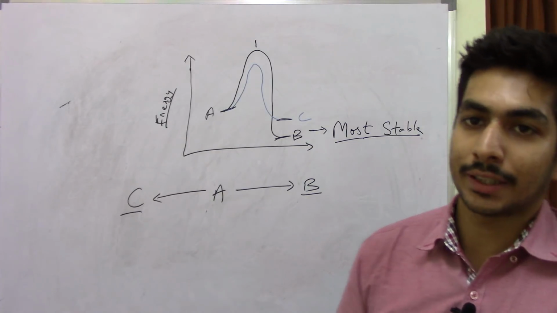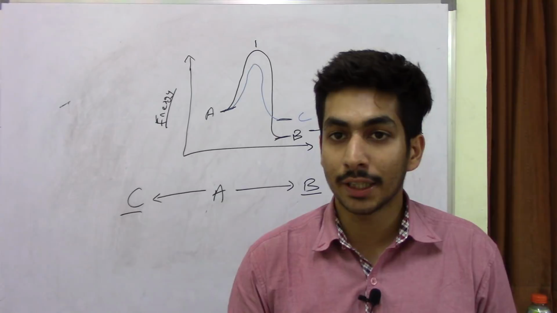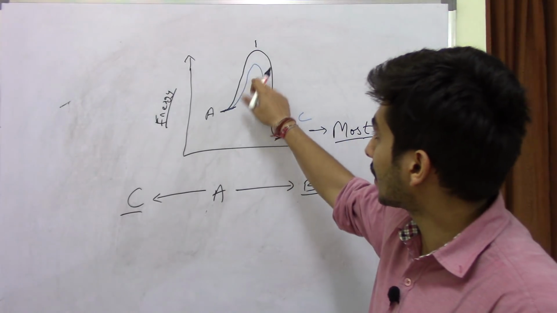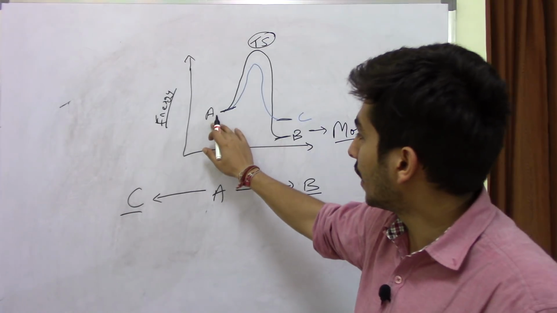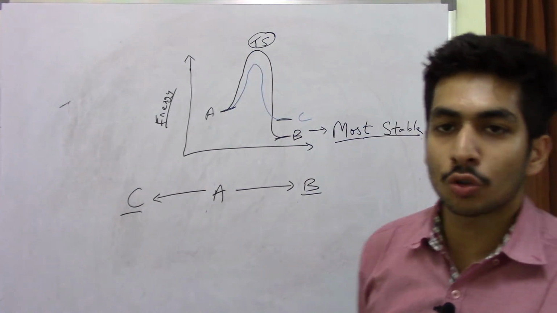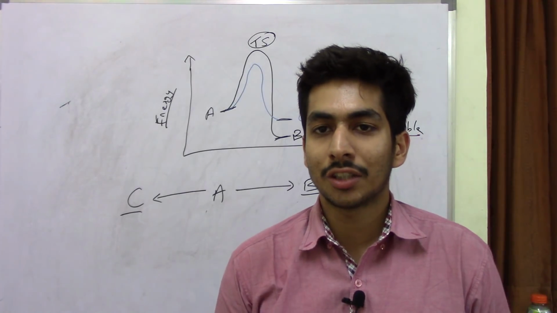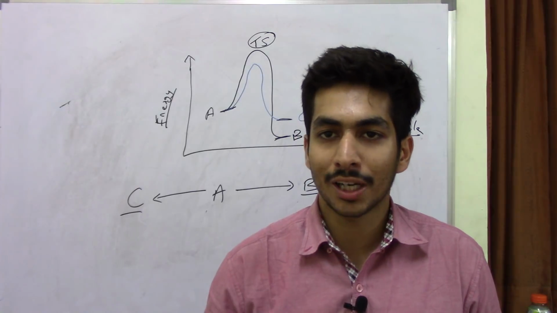So many students might be thinking that B will be the major product, but that is not the case. Why? Because if you see the transition state energy, before A can get converted to B, it has to reach this energy which is called the transition state energy. There is a transition state which is formed whenever a reaction is progressing, right?